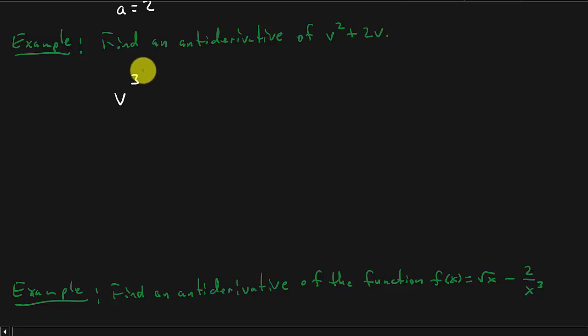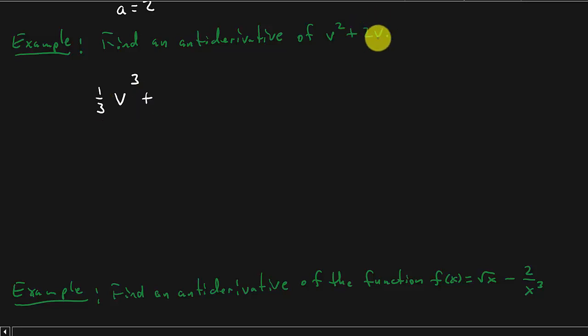Well, remember, when I take the derivative of this term, I've got to end up with v squared. So the 3 comes down, subtract 1. That'll give me my squared for the exponent. But what number is in front of v squared right here? It's a 1. So 3 times what number gives me 1? Well, 3 times what? 1/3. You see that?